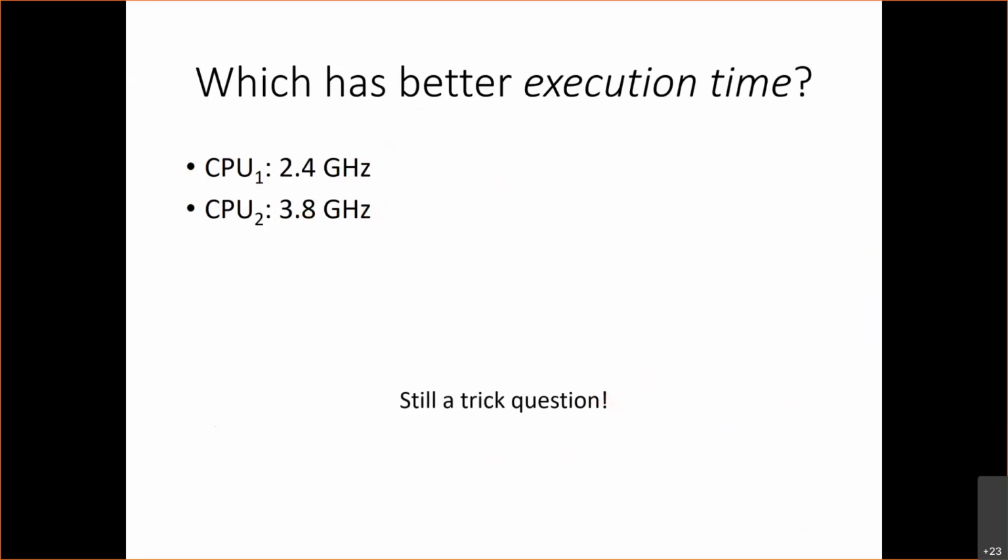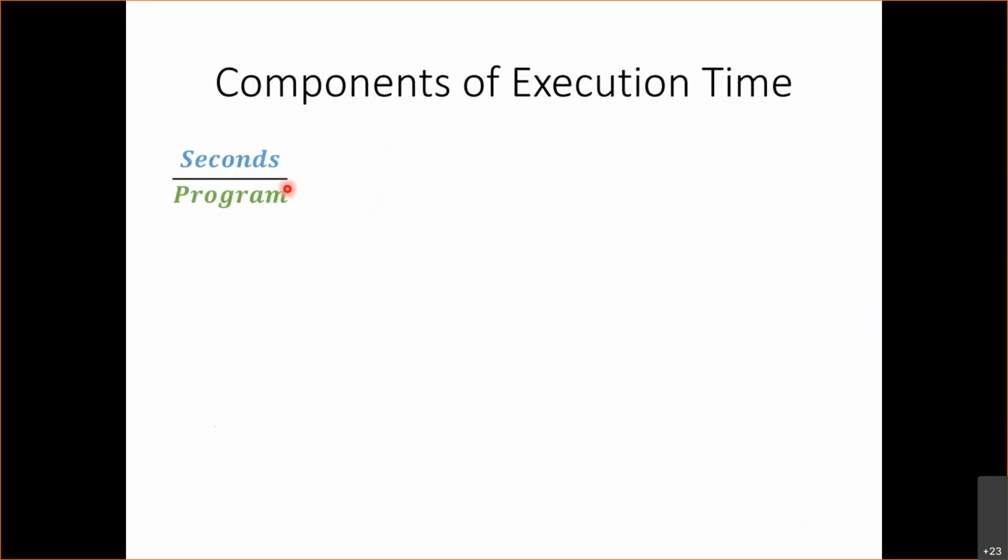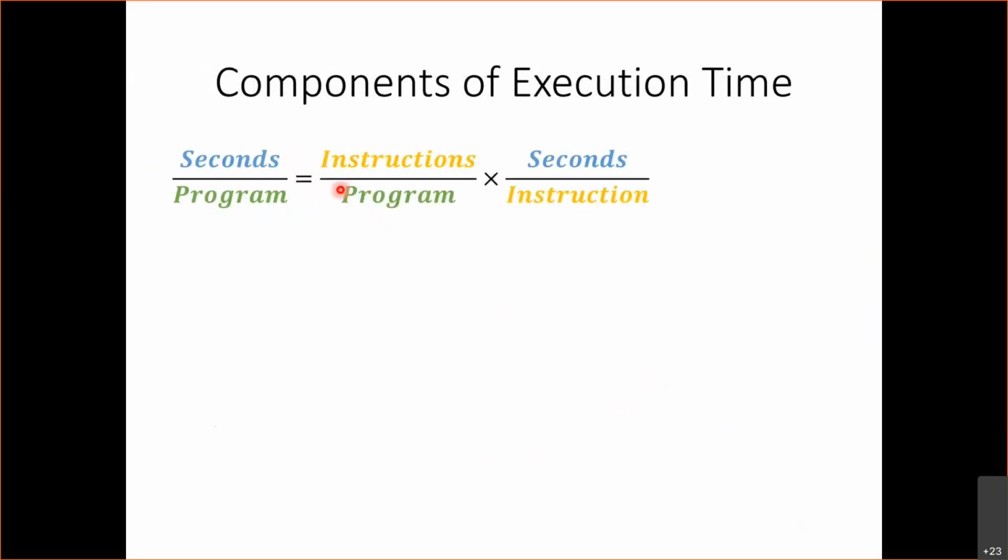So when we say execution time, what we typically mean is the number of seconds that it takes to execute a program. So the time that it takes to perform some task, to execute some program. And execution time can be broken into two factors. It can be broken into the number of instructions in a program times the number of seconds it takes to execute an instruction.